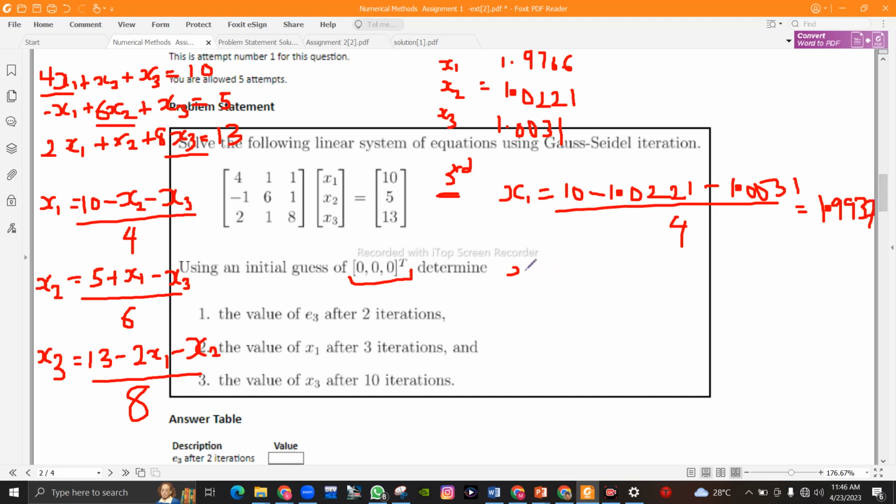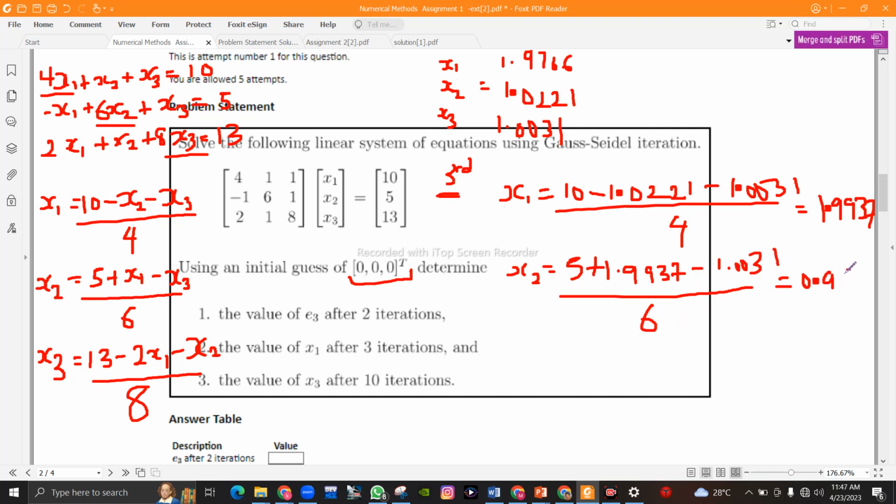Our x2 is 5 plus x1, which is 1.9937, minus x3, which is 1.0031, divided by 6, which is equal to 0.9984.